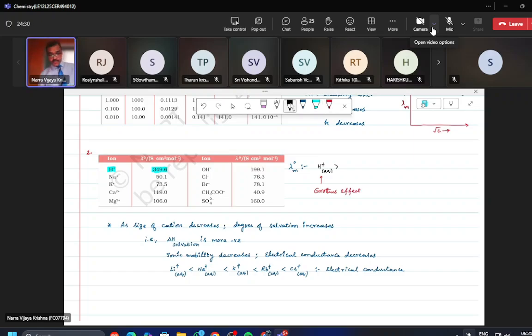After H plus, which has more conductance: Ca plus 2 greater than Mg plus 2 greater than K plus greater than Na plus. Clear? Any questions in it?